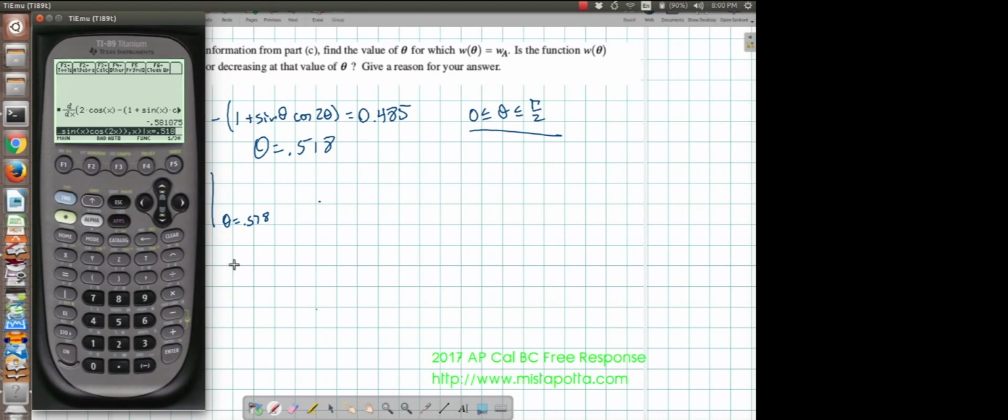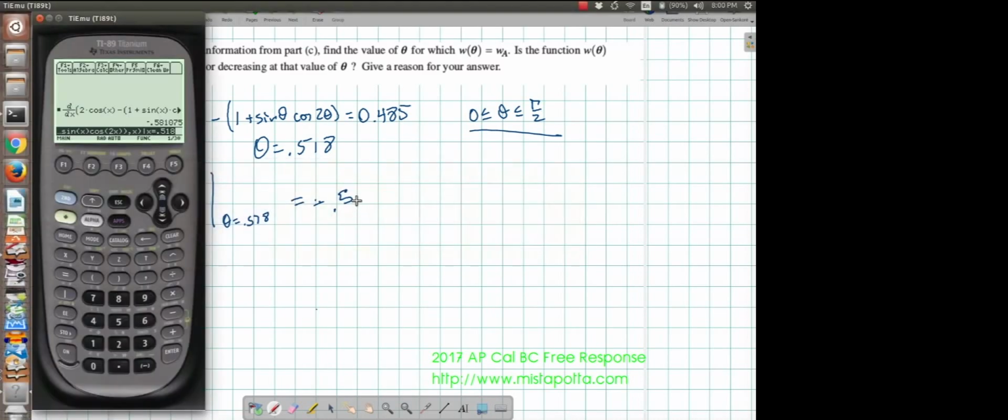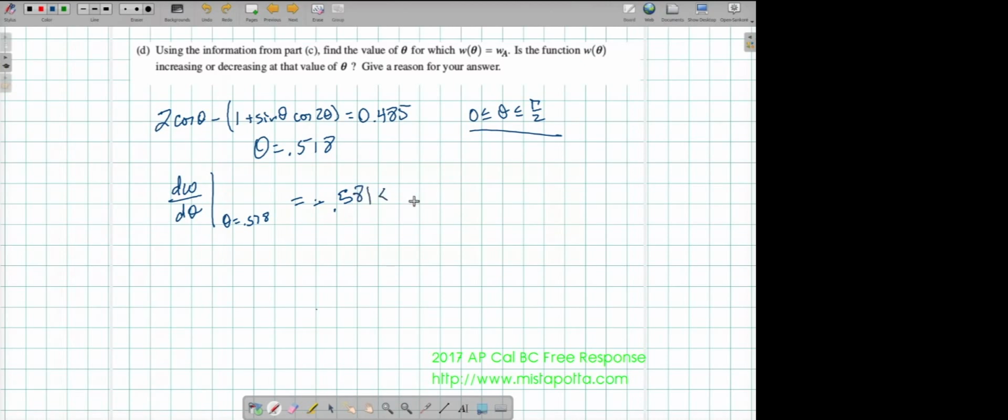And when I do that, I end up getting negative point, well, it really doesn't matter. What matters to me is negative 0.581, which is less than 0. So since dw d theta is less than 0, w is decreasing at theta equals 0.518.